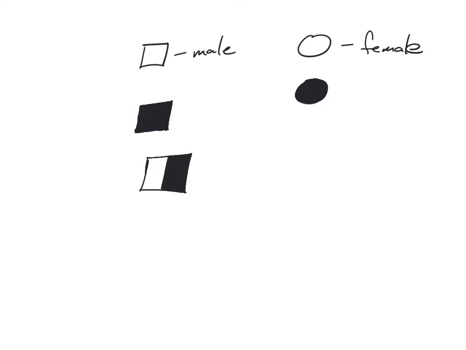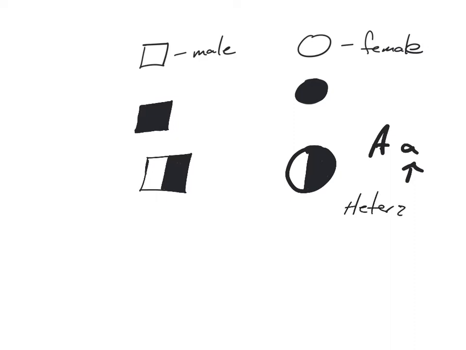Can't see your eyes. And of course, the female would be heterozygous, if it's a carrier, we call it a carrier, right? The word heterozygous, by definition, means it's carrying something. So big A, little a, it has the little a. Little a doesn't show up if it's a dominant-recessive. So we call this heterozygote, also known as a carrier.